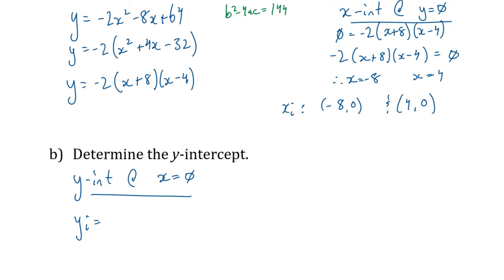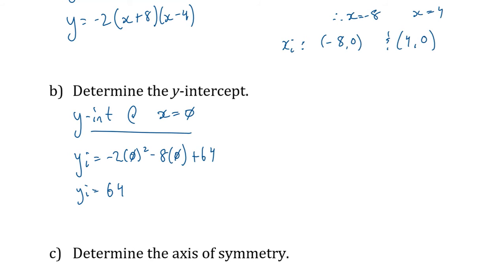So I've got the x-intercepts up there, and this is the y-intercept. If I'm subbing in, I get negative 2 times 0 squared minus 8 times 0 plus 64. All the x parts go away, and I'm just left with 64. So you don't have to show that substitution. You can just state that it's 64.